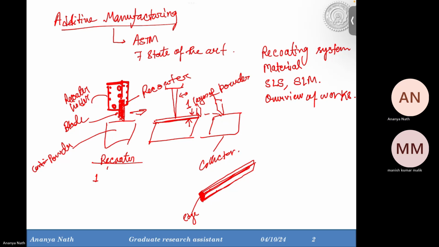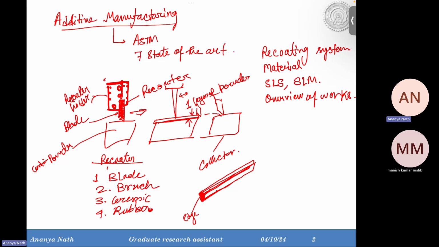Different companies have their own design of the recoater holder and their own design of the recoater blade, but mostly the blade looks similar. So a recoater can be of blade type, brush type, ceramic, rubber. These all can be mounted in a similar type of recoater holder.